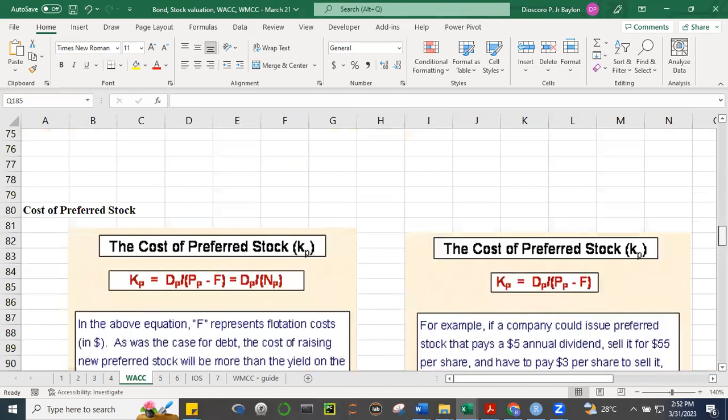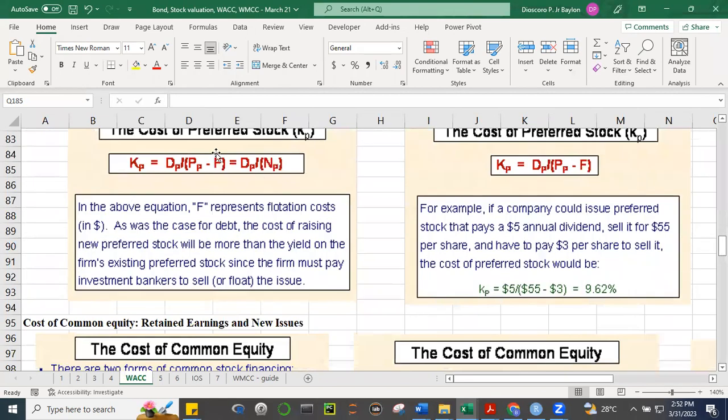preferred stock. There's a formula to get the cost of preferred stock. The cost of preferred is equal to the dividend of the preferred divided by the price of the preferred stock minus any flotation cost. Again, we'll also discuss this later on.